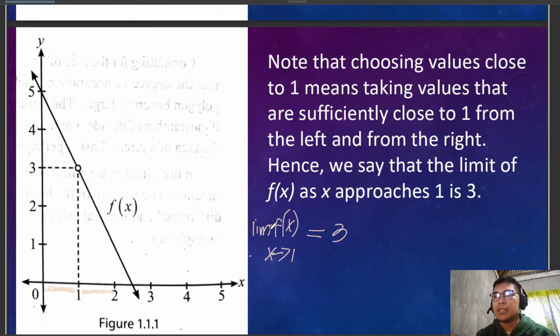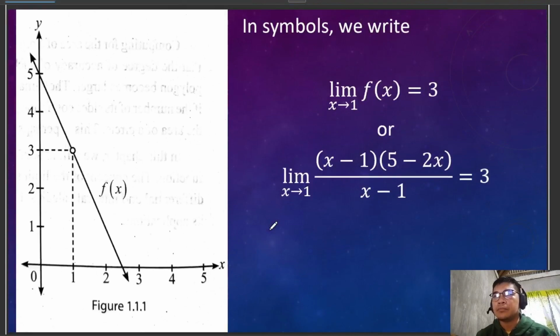Since we find the limit. Okay. As x approaches to 1 is 3, or we can give the value of our f of x, kaganina, which is limit of x minus 1 times the quantity of 5 minus 2x all over x minus 1 as x approaches to 1 equals 3. So there is a limit that existed.